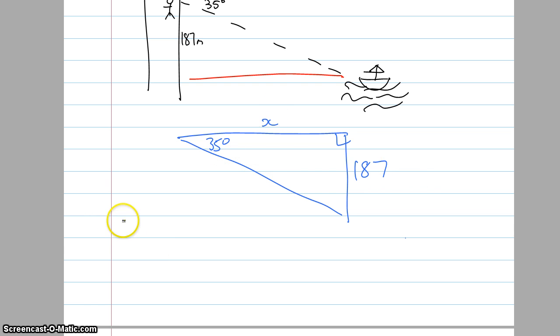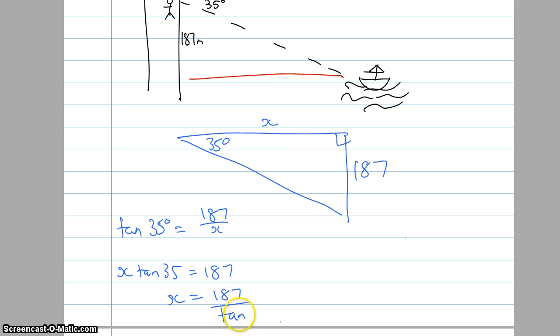So again, I'm going to use tan 35 degrees equals 187 divided by x. So I can multiply both sides by x, so I get x tan 35 equals 187. And then I divide both sides by tan 35, so I get x equals 187 divided by tan 35.